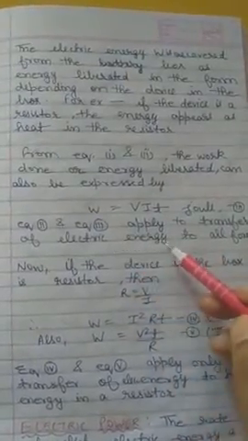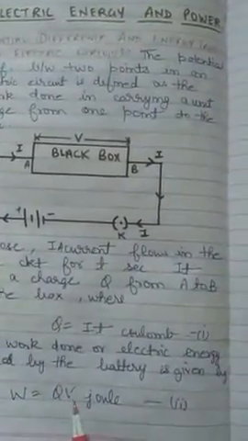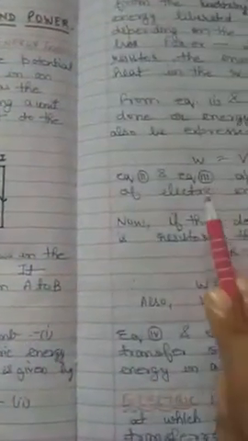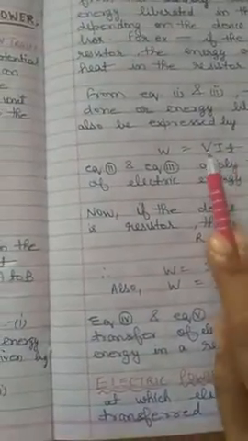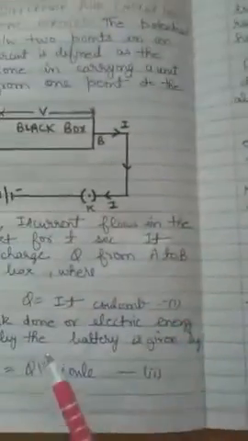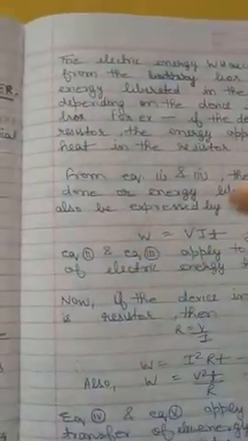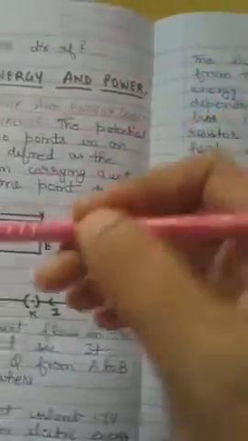Now equations 2 and 3 apply to transfer of electrical energy to all the forms. So this equation, whether W is equal to Q into V or W is equal to VI into T, when we replace Q by IT, this will be the amount of electrical energy that is given by the electric charge to this black box.